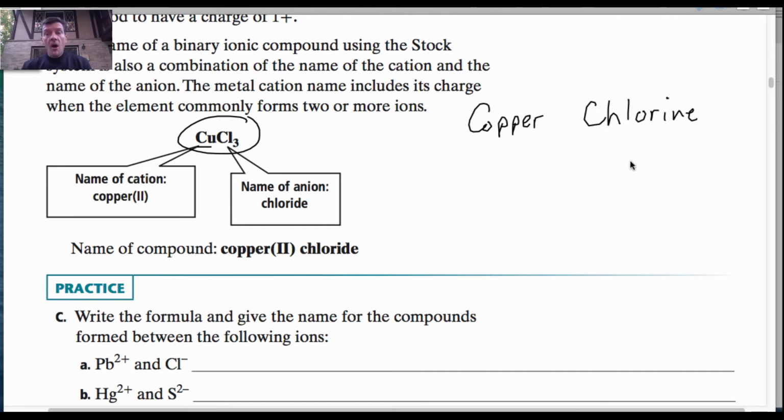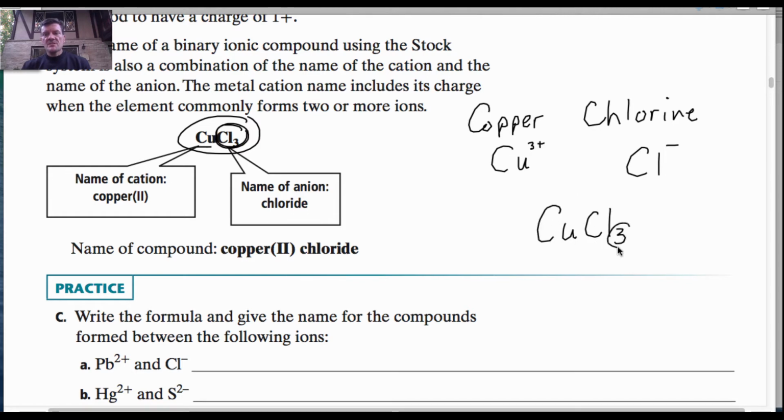Chlorine is always a -1 ion. Okay? And if it takes 3 of these here to neutralize or to combine with copper to give me a neutral compound, then this copper here must be what? Must be a +3.